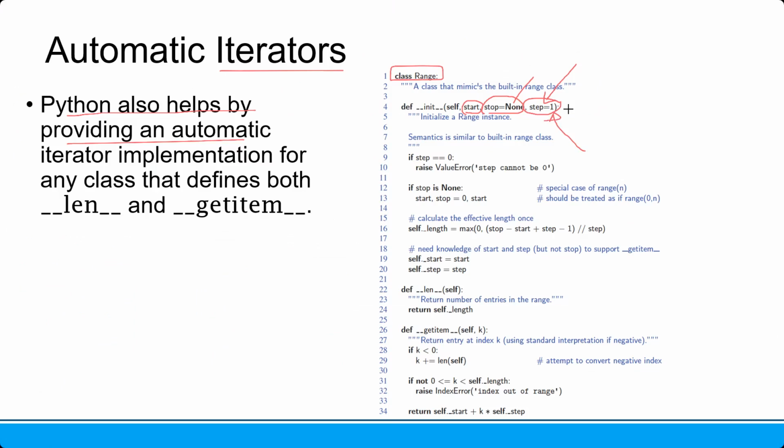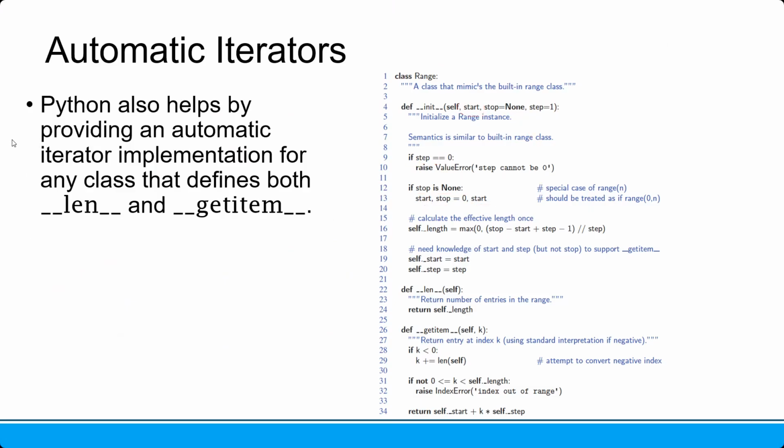Without defining the parameter, Python will immediately know that the step is one. The start is none initially, but the start will always be available. If the stop is none, then the start will be 0 and the stop will equal the start.